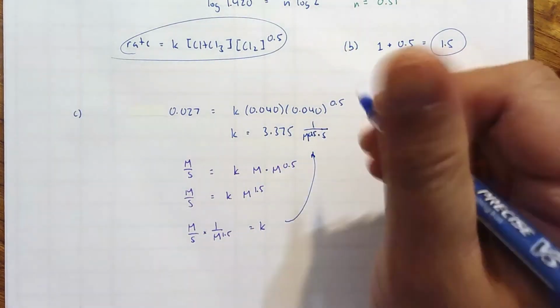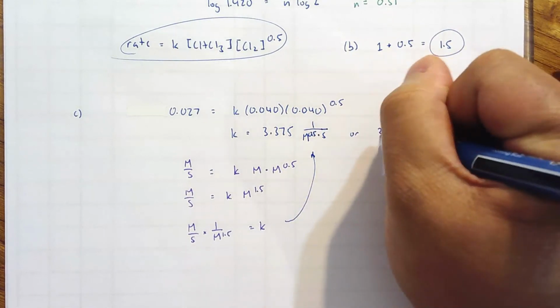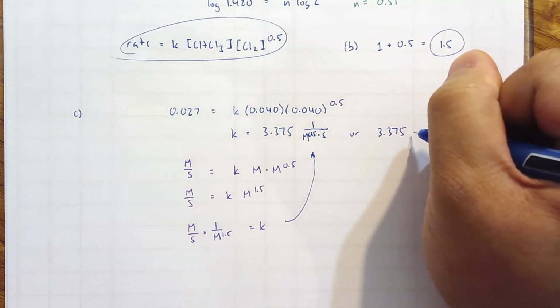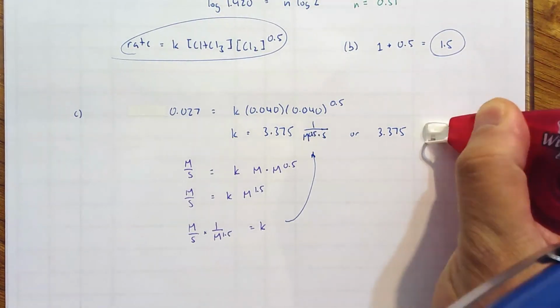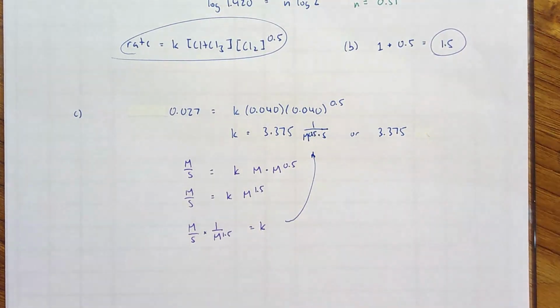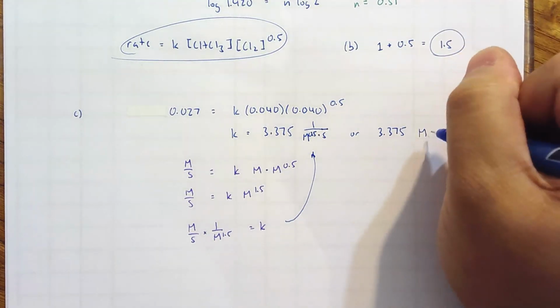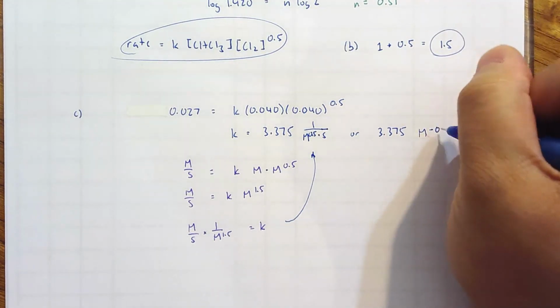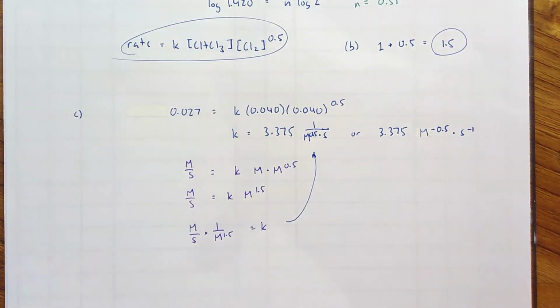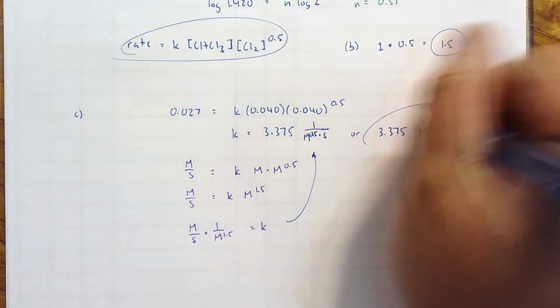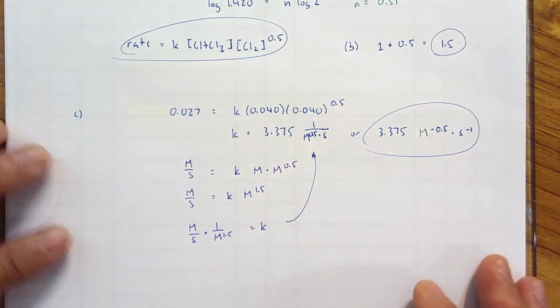Very sloppy. Or 3.375, let's do M first. So you take the inverse. Oh, not the inverse, but you do the minus trick. M to the minus 0.5 times s to the minus 1. Circle your answer. Make sure you have the units.